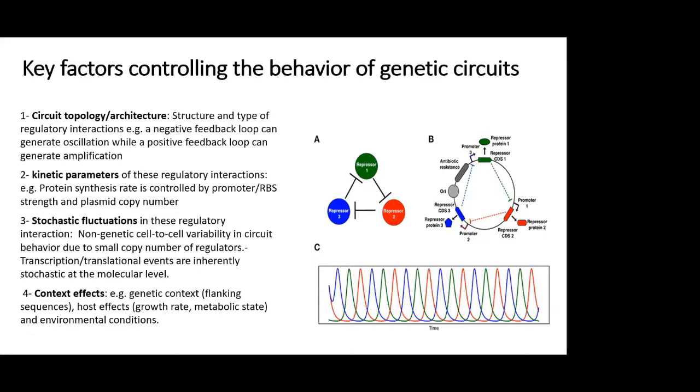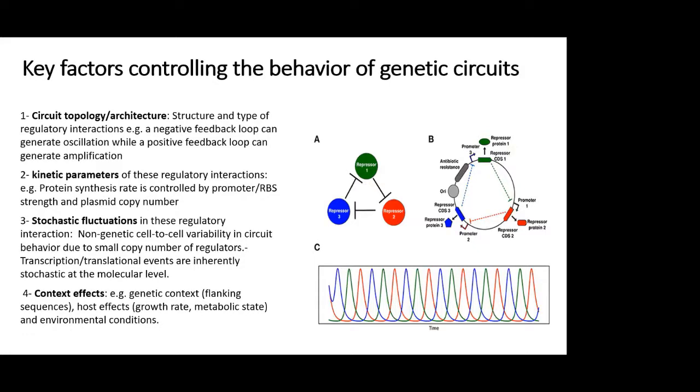If we have large copies, these fluctuations could be factored out. But in our case, since we have only a small number of regulators, the interactions in genetic circuits are stochastic, and hence this affects the circuit behavior.